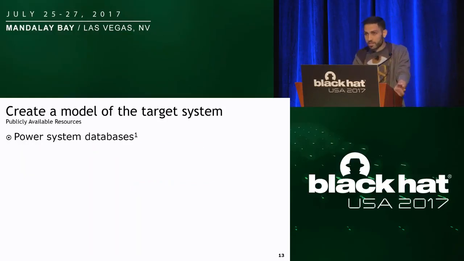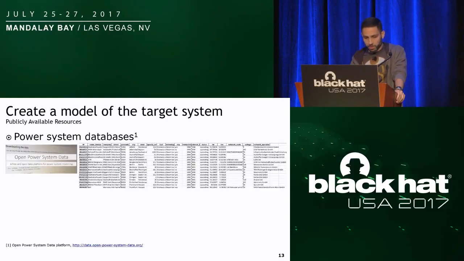First of all, power system databases are publicly available online, and they provide access to data related to real systems across the globe. For example, the Open Power Systems Data Platform provides data regarding power plants, generation capacities, and loads for several European countries. In this table, for example, we can see details of generation stations.